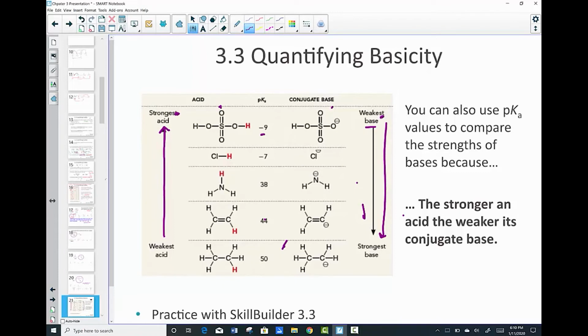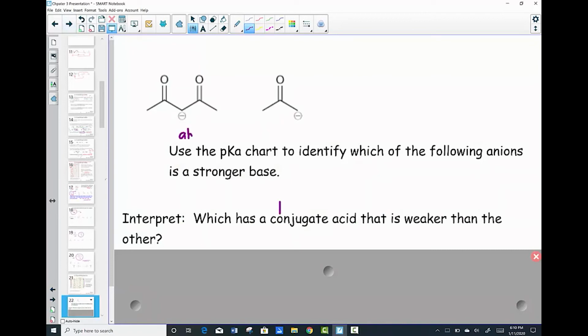So really what we're asking ourselves when we say, who's the weakest base? You can just flip that and say, who is the strongest conjugate acid? And use the pKa values from there. So, for example, here I have a functional group known as an anhydride.